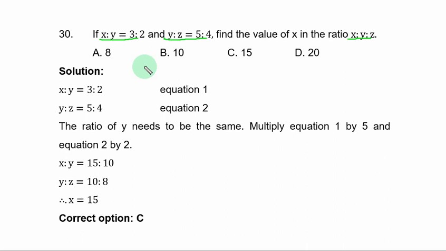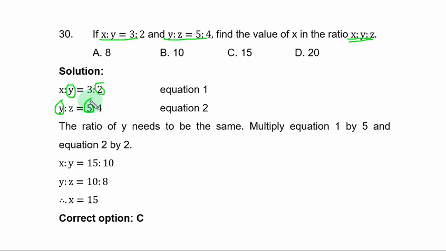We have two equations in ratio form. If you look at the two equations, Y is the link between the two equations. So for us to get this, we must ensure that Y has the same value in both equations. So we are looking at 2 and 5.